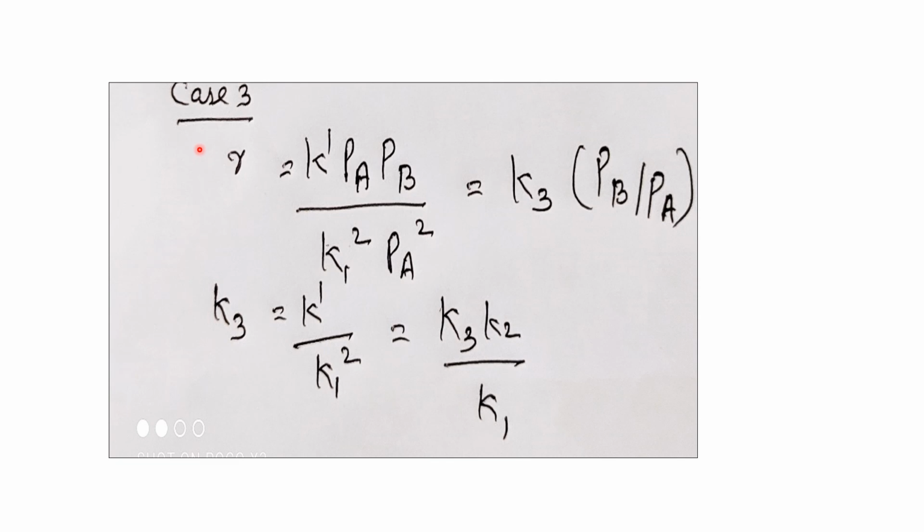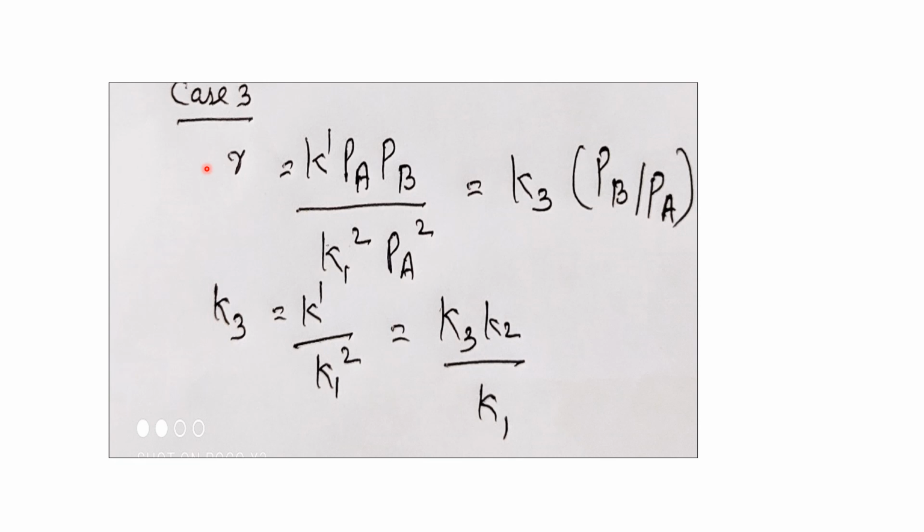Consider case 3, when one reactant is very strongly adsorbed. Let A be the very strongly adsorbed component. Then K1 into PA is found to be very much larger than K2 into PB, and K1 PA is found to be very much larger than 1.